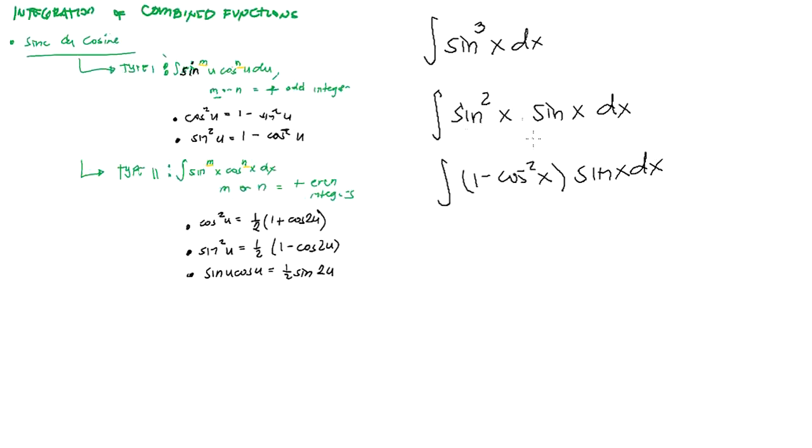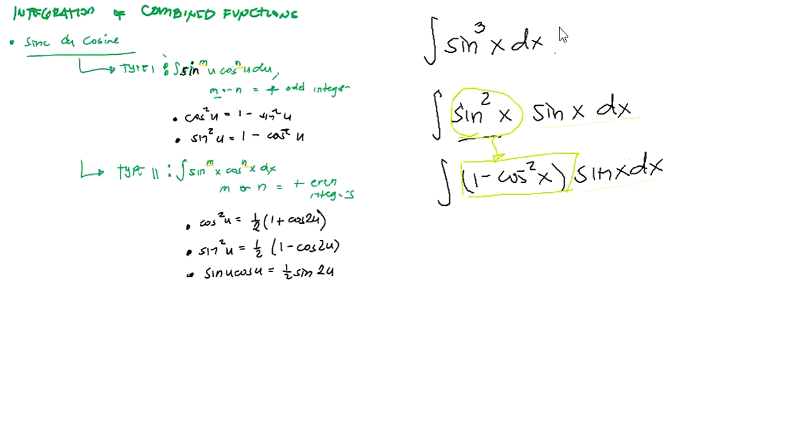dx. Okay, so let's say this sine squared x here is just equal to this identity 1 minus cosine squared x. Then just copy the remaining functions in our integrand, which is sine x dx.